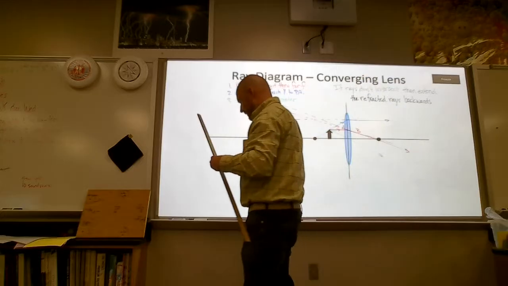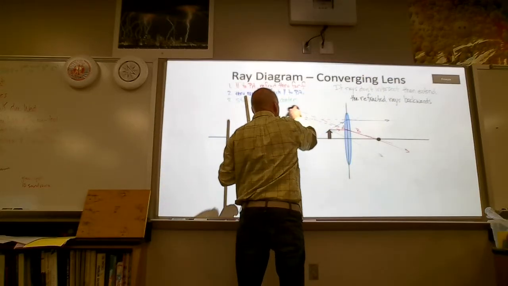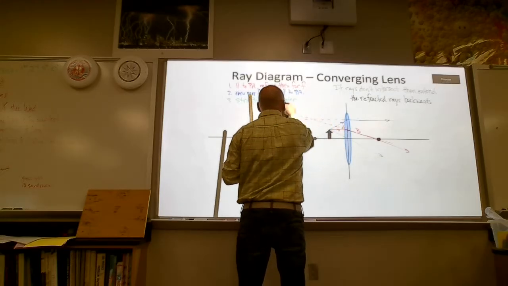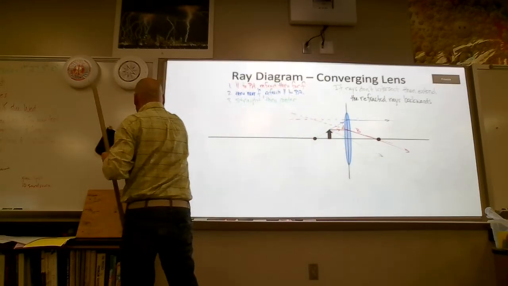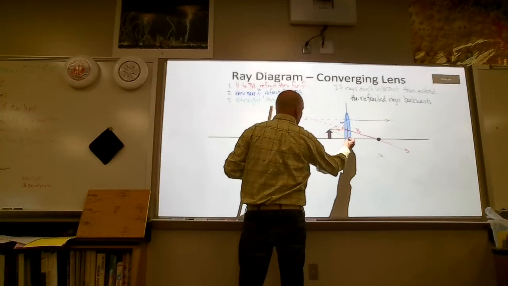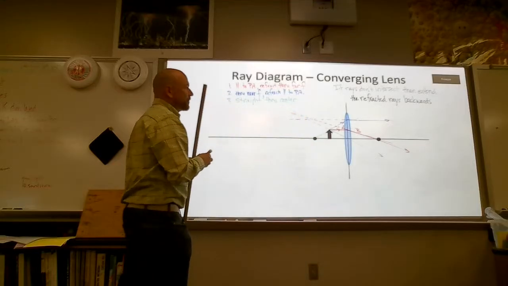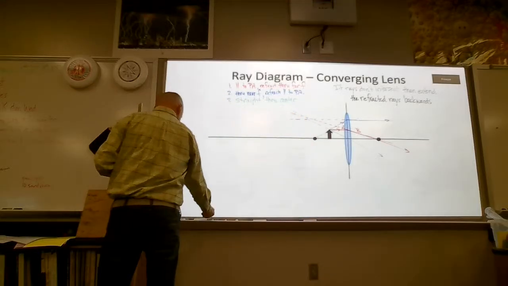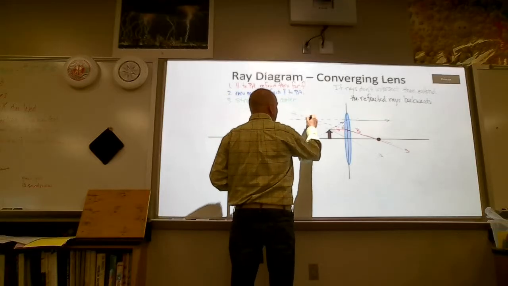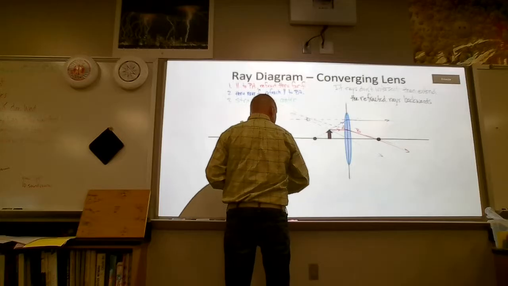That's looking a lot better. If you did it right, then the third ray, that's easy. Just extend that backwards. Hopefully they intersect in the same spot. So here in this general region is the top of the image.